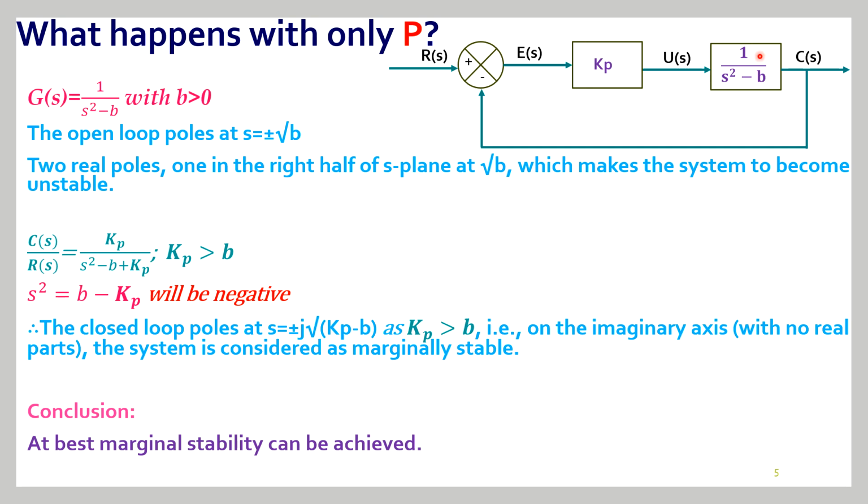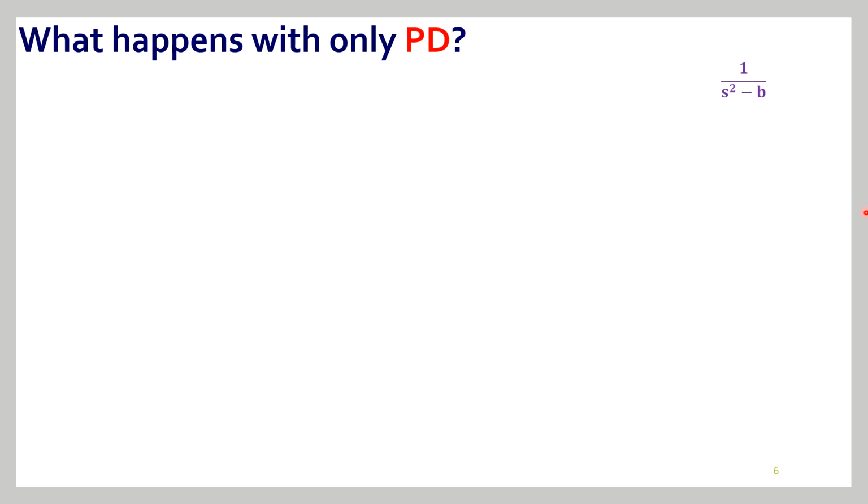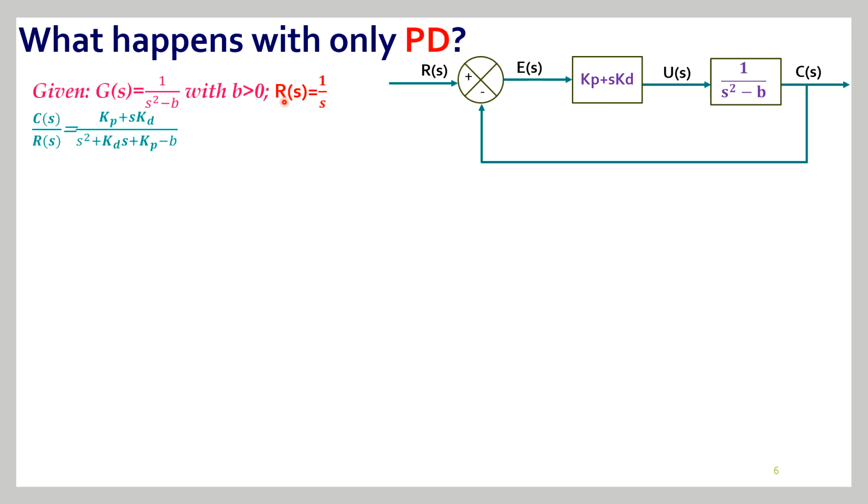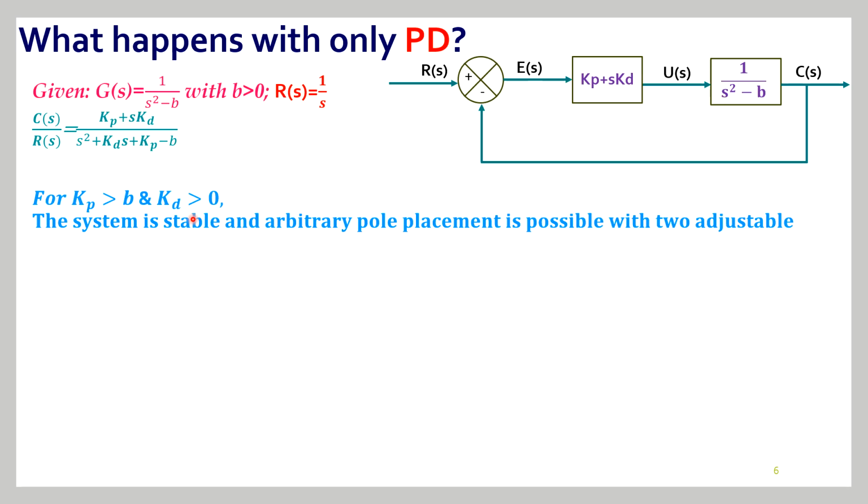So let us go back to the original system G(s). Let us now add a proportional derivative controller and check what will happen. A proportional derivative controller Kp plus s into Kd is added here, again with b greater than 0. Let us write C(s) by R(s) for the given closed loop system, assuming Kp is greater than b and Kd is greater than 0.